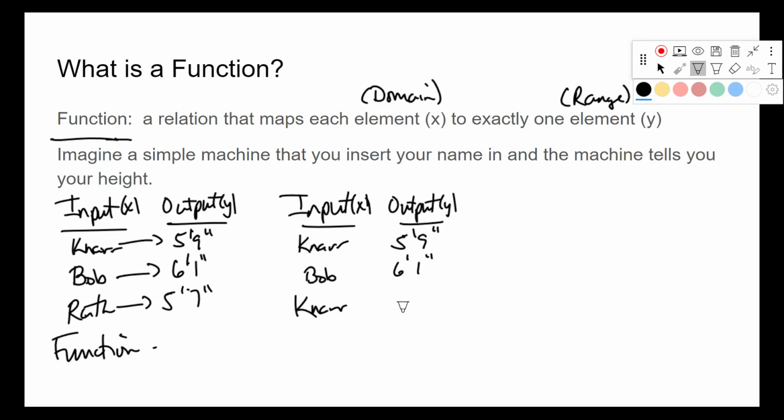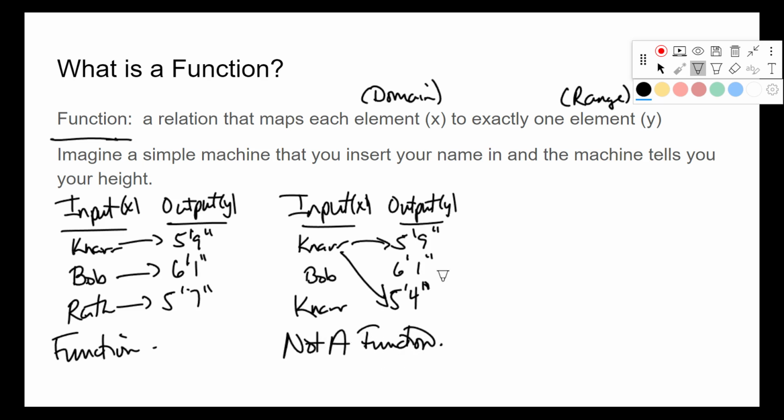My height shouldn't change. But what if it said now that my height is 5'4"? Well, you would probably say, there's definitely something wrong here because I can't be 5'9" and 5'4" at the same time. So this is not a function. The machine doesn't work properly.